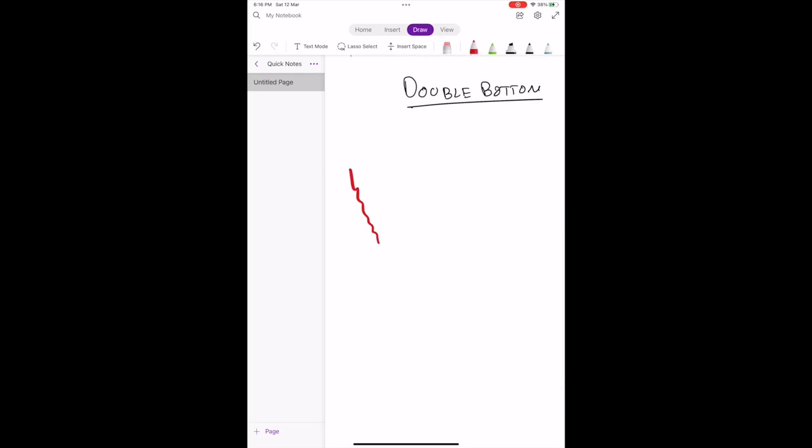So the first chart pattern that we are going to consider is double bottom. What happens in this double bottom is, say the market is falling, it's exactly the opposite of double top.